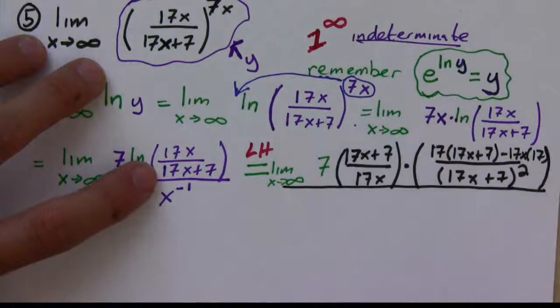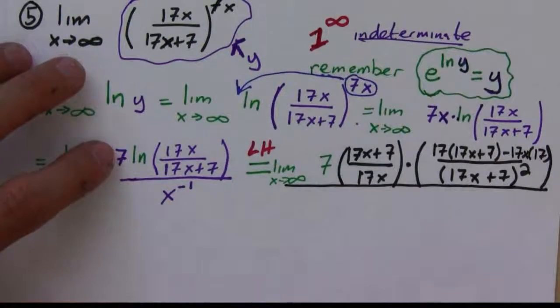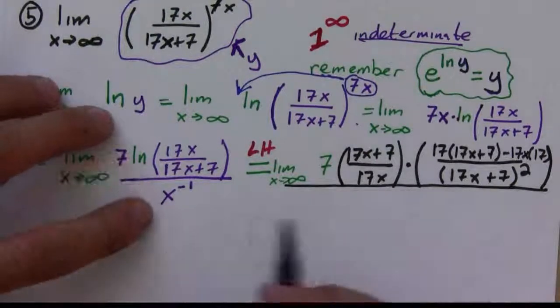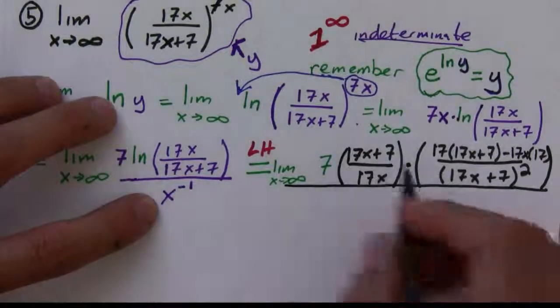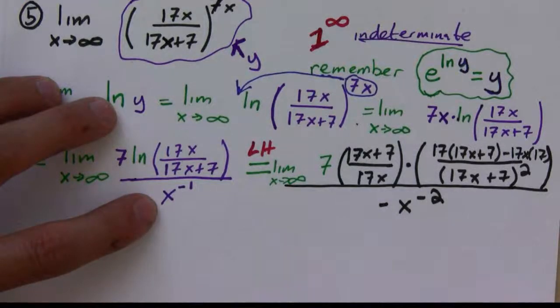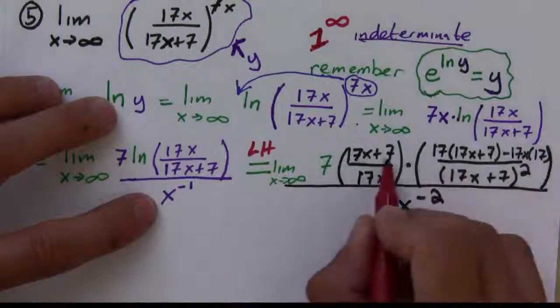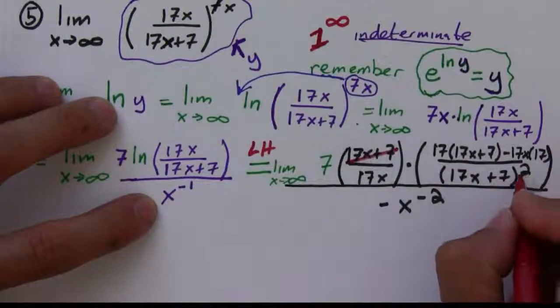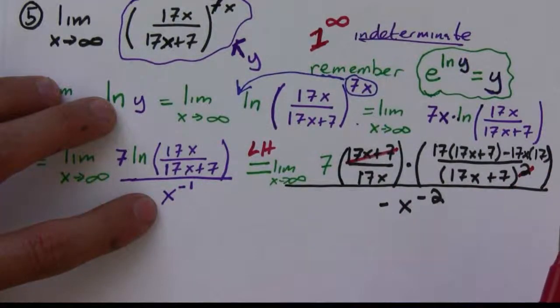Sorry, it got a little bunched up there, but that's what that is. And then I'm going to have minus x to the minus 2. And then I have to try to simplify this whole deal. So notice that I have 17x plus 7 and 17x plus 7 squared, so I can cancel this one with one of these.